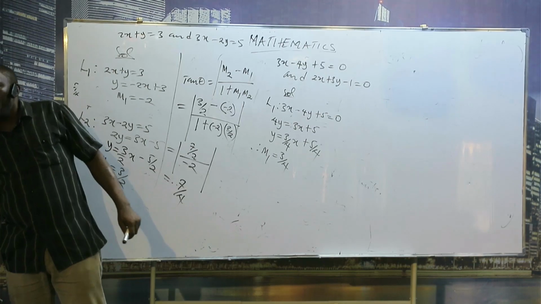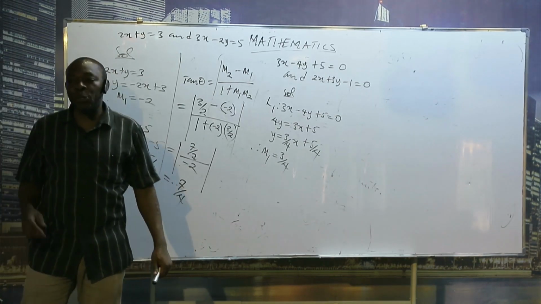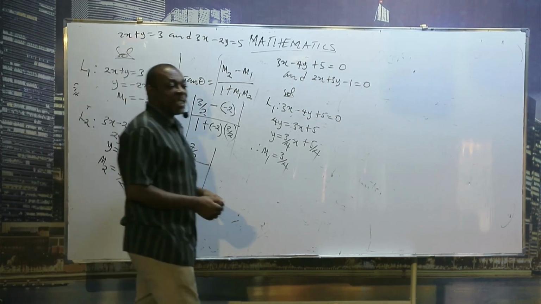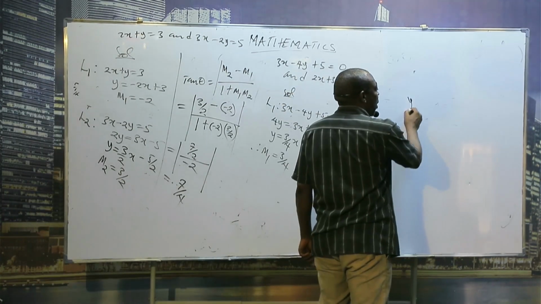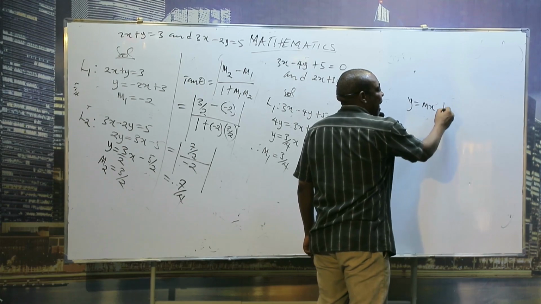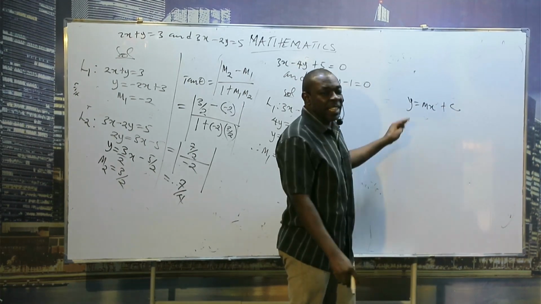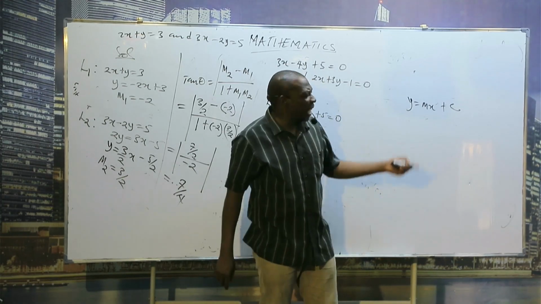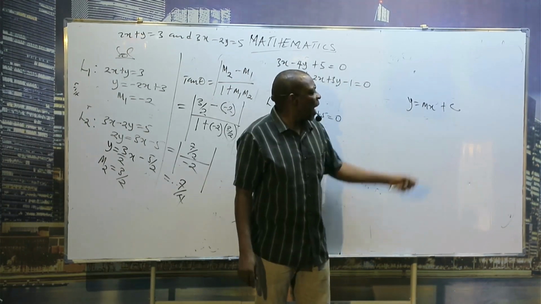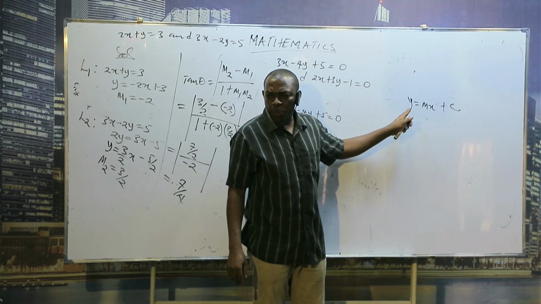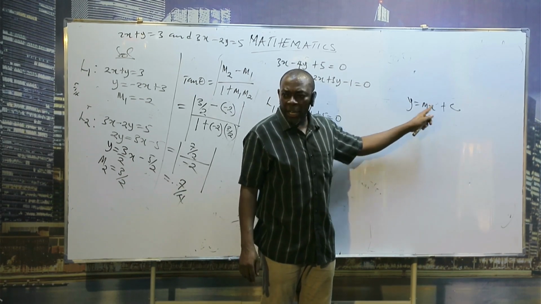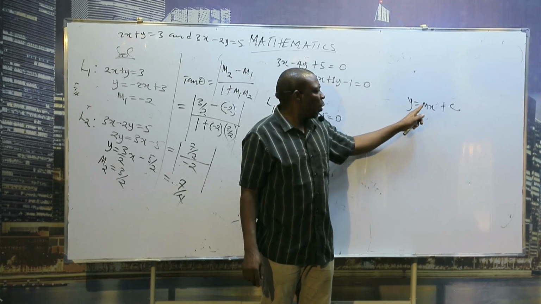I ask because most of you, basic things you are supposed to know, basic things you are expected to know. Look at it. If you plot physics graphs, this is a linear graph, where you plotted a graph of y against x.